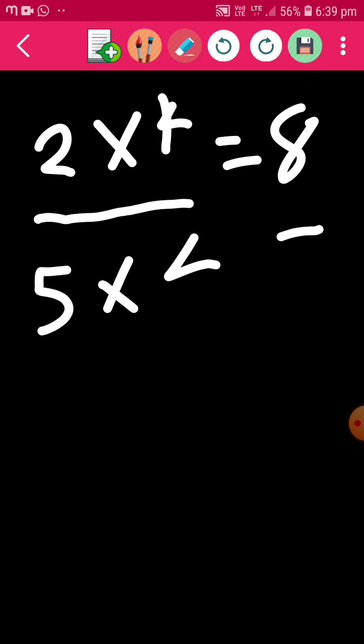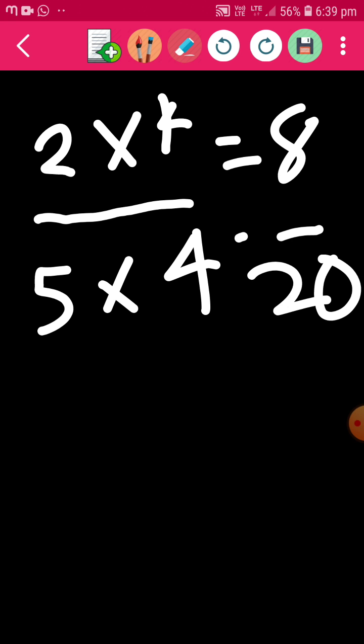Okay, now look at the second step. The second step is to find the equivalent fractions for each fraction such that the LCM is their denominator. This gives us fractions with the least common denominator, like 2 into 4 will be 8 and 5 into 4 will be 20.